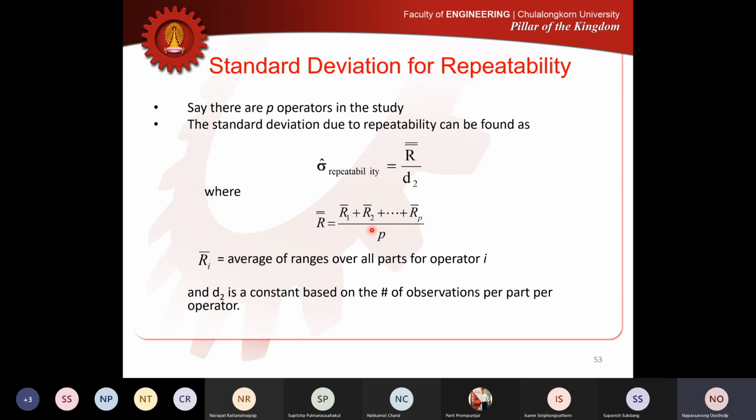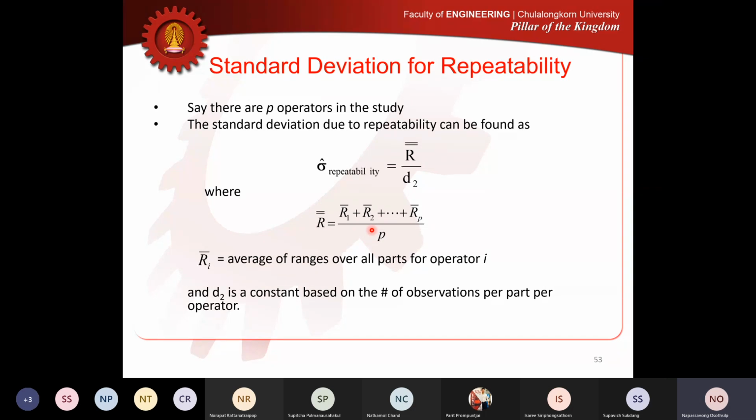An average of R bar means that we do not consider each operator, but consider the overall system, all operators. On average, if we pick any one operator and ask him or her to measure 2 times, the two measurements will differ by about this much.